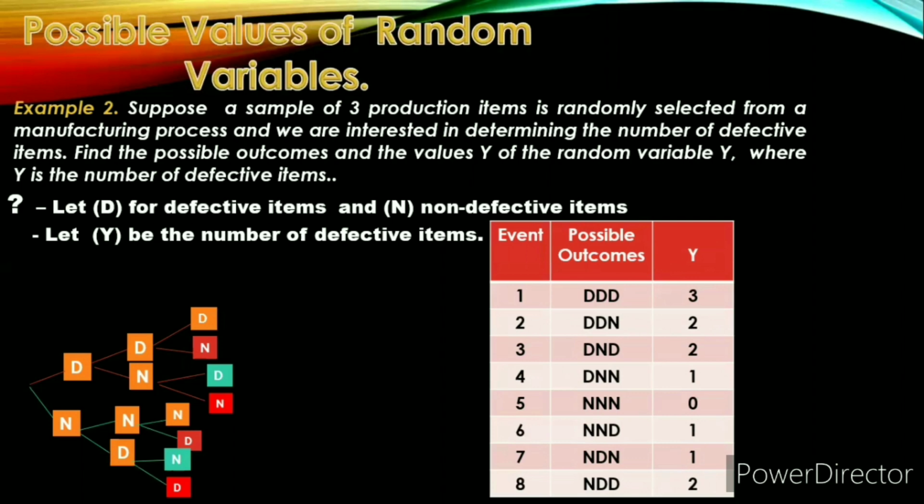So this is how we're going to find the possible values of random variables in a chance event.